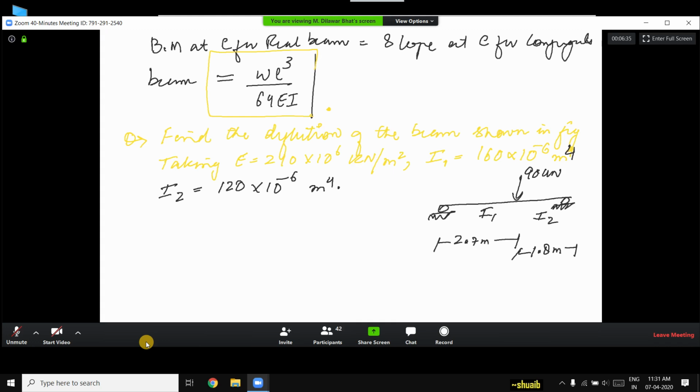Okay, point A, B, and C. You have to calculate the deflection of the beam as well as the slopes. Fine.